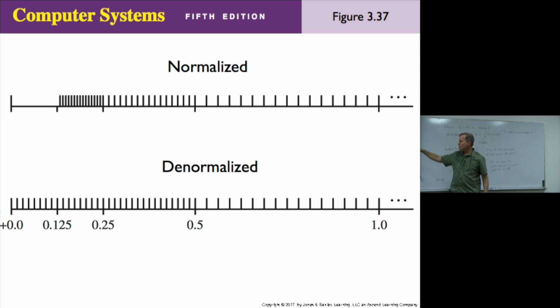If you notice what happens there, there's a big gap between 0 and that, an unusual gap that's apparently unavoidable. Well, the special denormalized value takes this smallest exponent and spreads those values out, giving us a phenomenon called gradual underflow that alleviates bad things that can happen when you compute with exceedingly small values.